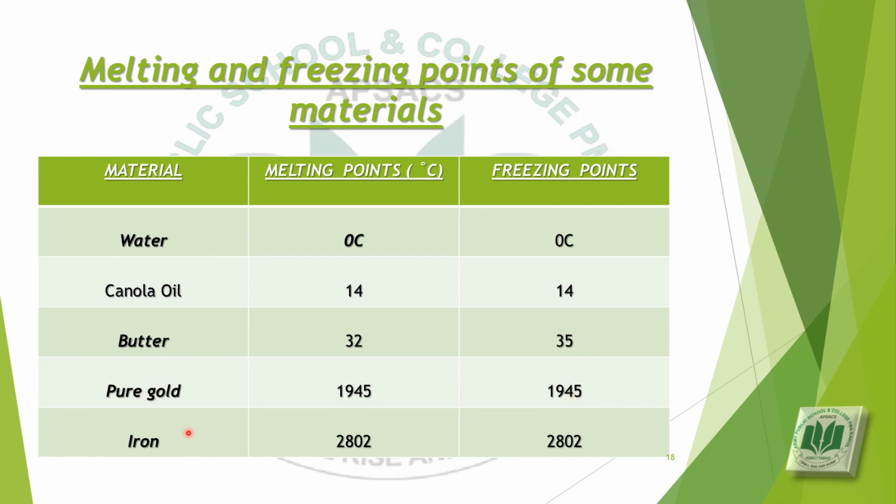And the last material of this chart is iron. The melting point of iron is 2802 degrees centigrade and the freezing point of iron is 2802 degrees centigrade. So students, these were the different melting and freezing points of different materials, and it shows that any material has different melting and freezing points from others.